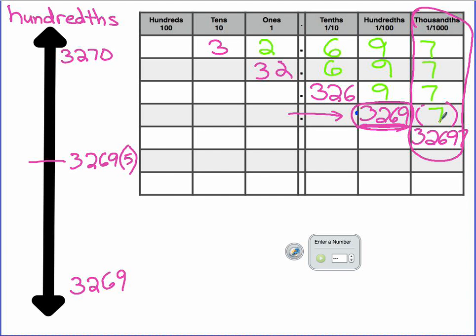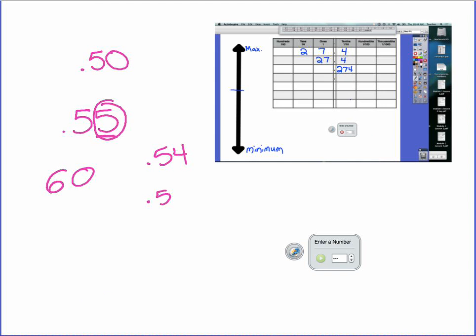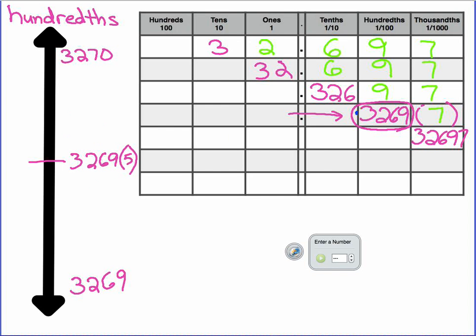So, whoa. So let's look at this. Let me show you a different way to look at this whole thing. If we're rounding to the 100th place, we're going to the very bottom of the 100th row, correct?